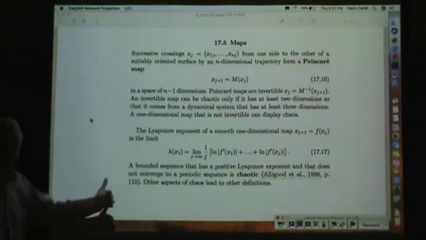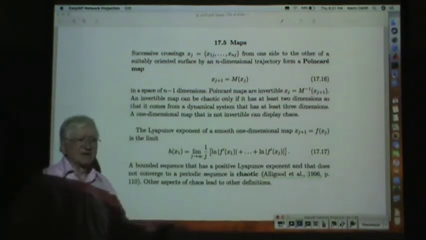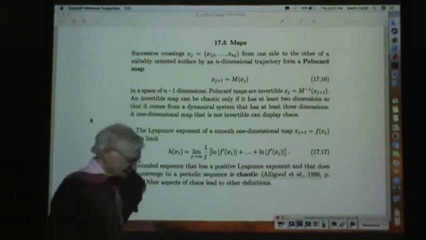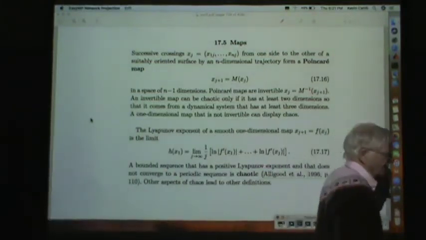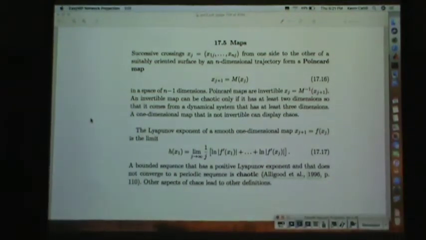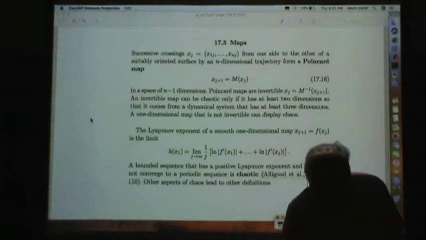So that's why I shouldn't have said, well, you're on a torus, what can go wrong? So you could have chaos on a torus also. Okay. Anyway, let's go on.